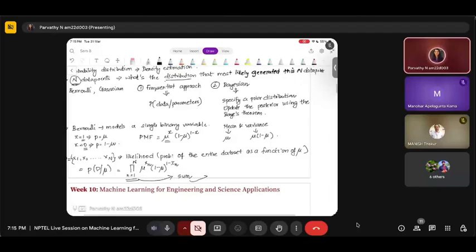For that we can take the log, because when you take the log, the multiplication will be converted to a sum. So then we take the log of P of D given mu, which is sigma.